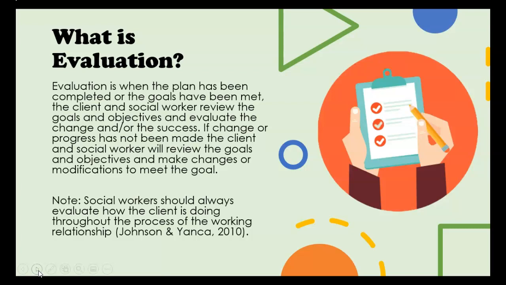Oftentimes, there needs to be modification of the goals if there has been changes either with the client, with the agency, with the worker between the time that the contract was developed to the point where you are evaluating the process or the outcome. But either way, the evaluation is important.